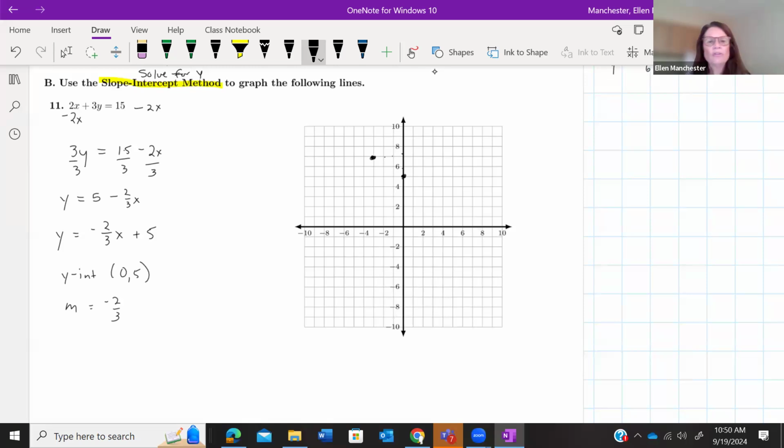So these little dots, those are just me counting. You only have 2 points on your graph. You have a point at the y-intercept, and you have a point once you get to your slope. So rise 2, and I'm running to the negative side. And then there is your line.